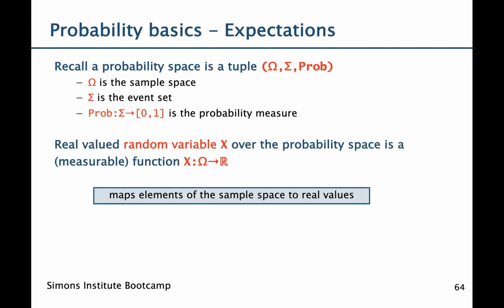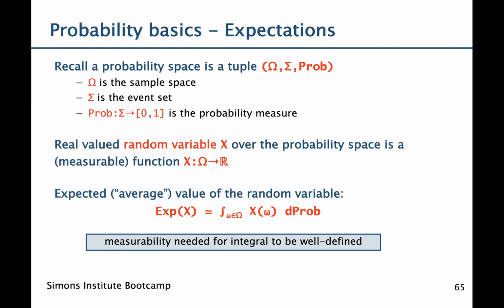So if we have a real valued random variable over the probability space, this is a function that, given an element of the sample space, returns a real value. Then we can consider the expected or average value of the random variable.